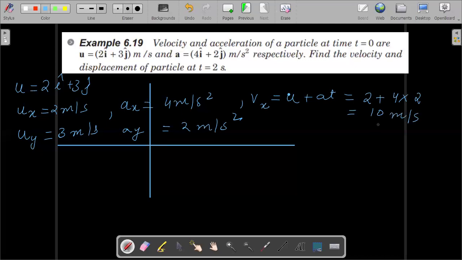In the same way, can you find the velocity along the y direction now? Yes, sir.